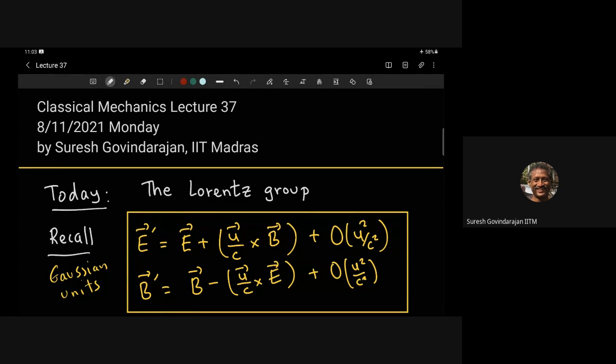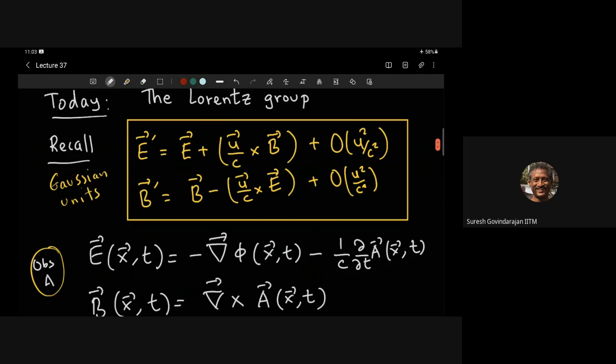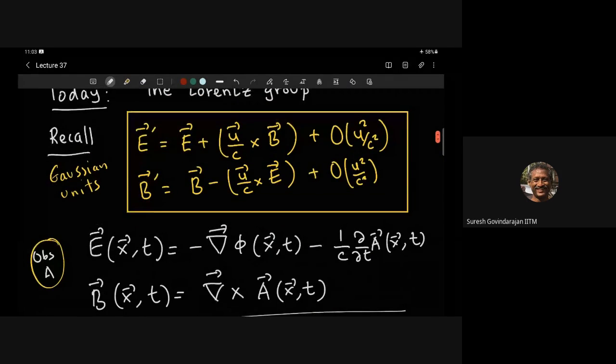So my next point is that E and B are more complicated objects in some ways, and it's easier to work with the scalar and vector potential. Observer A will write this formula: if phi and A are the scalar and vector potentials that observer A sees, then E is minus gradient of phi minus 1 by c dA by dt.